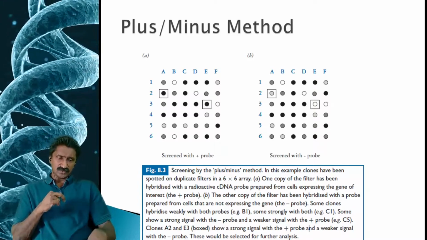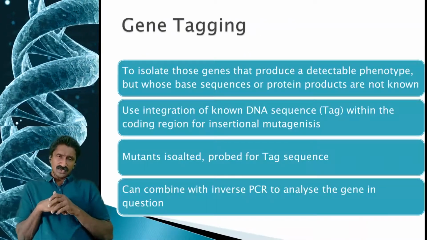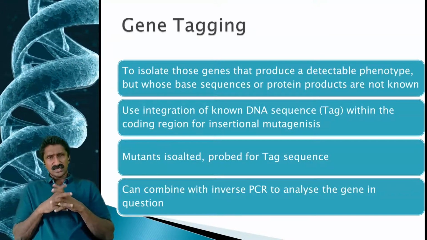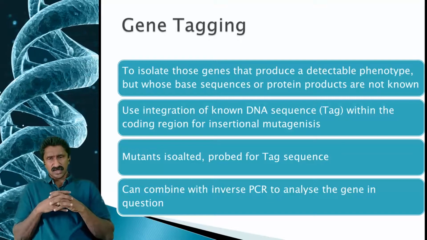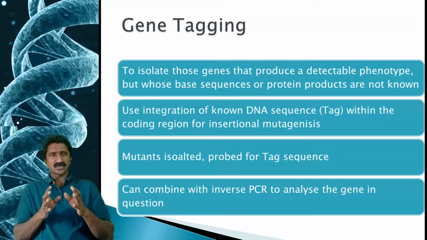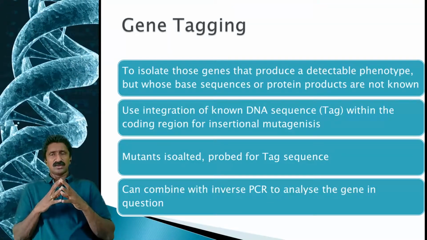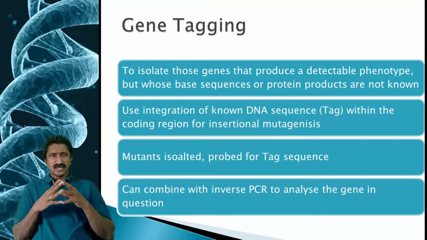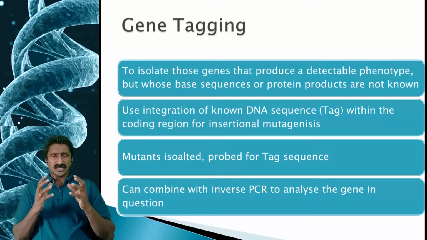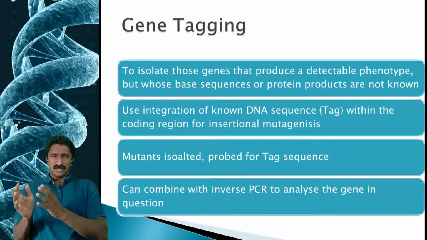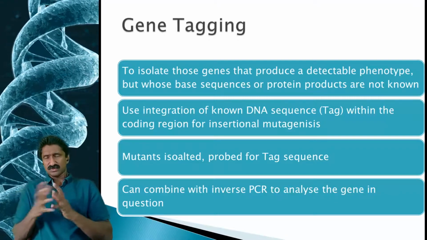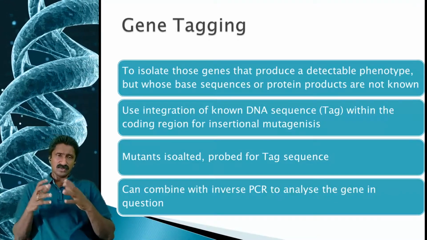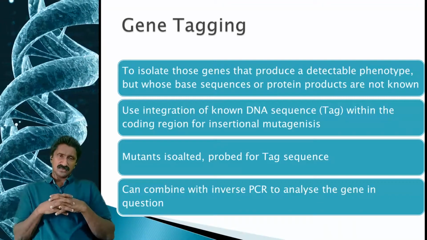differential screening method. And another one is gene tagging. The purpose is to isolate those genes that produce detectable phenotypes, but whose base sequences or protein products are not known. We want to isolate genes that produce a detectable phenotype, for example, a flower color or antibiotic production, any particular detectable phenotype.